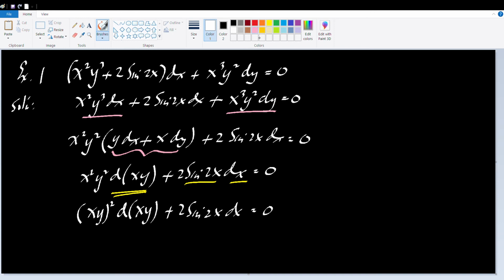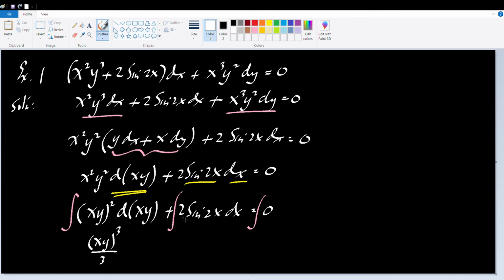Since we have already set up the equation, the next step is to integrate. And integrating, we get (xy) cubed all over 3, applying the power formula.